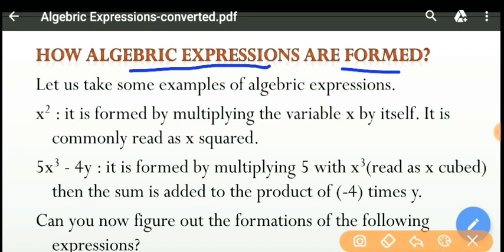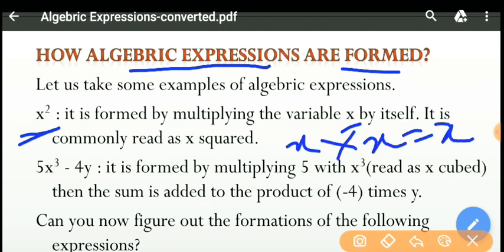Let us take some examples of algebraic expressions and we will understand them. First of all, let us say x squared. It's a monomial. It is formed by multiplying the variable x by itself. It is commonly read as x squared. That means x is multiplied by x to get x squared.